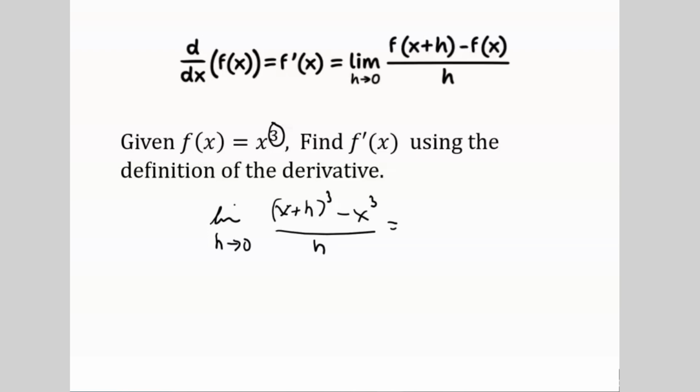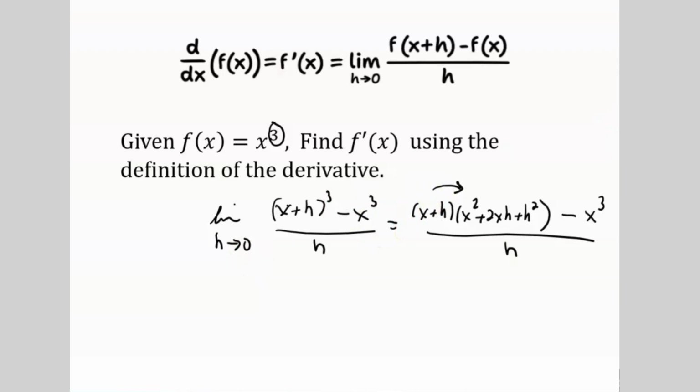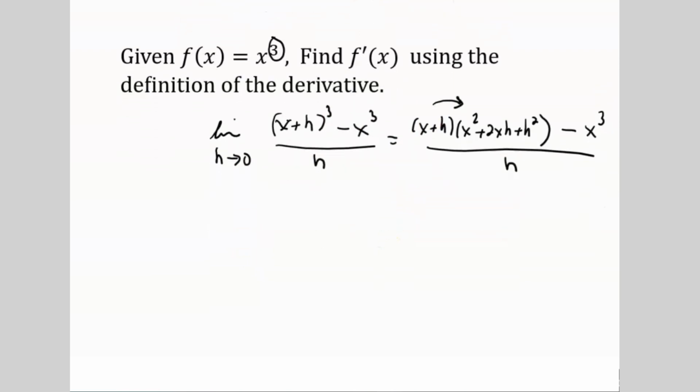Well, x plus h cubed would be the same thing as x plus h times x squared plus 2xh plus h squared, minus my x cubed, divided by h. So now we're going to have to distribute this x plus h. If I distribute the x, I'm going to get x cubed plus 2x squared h plus x h squared.